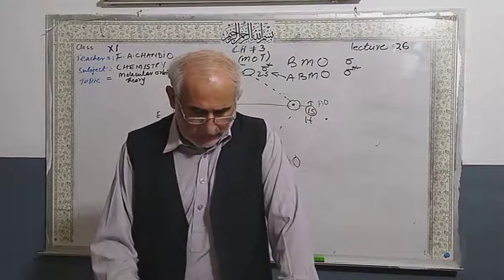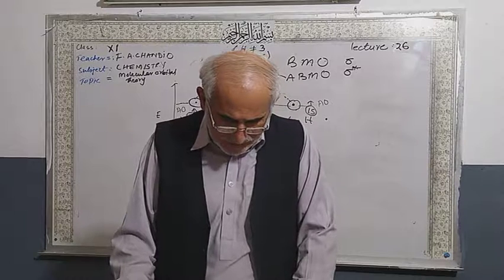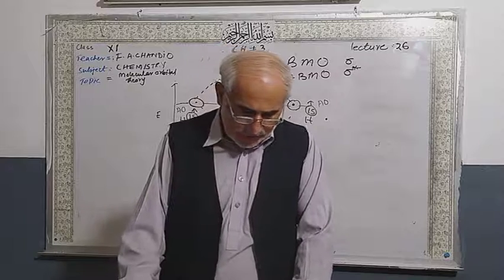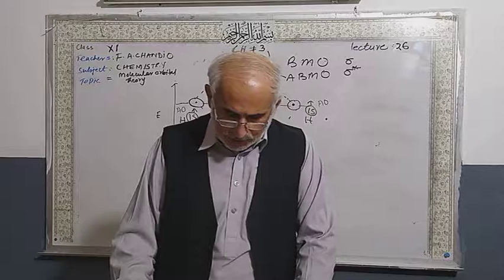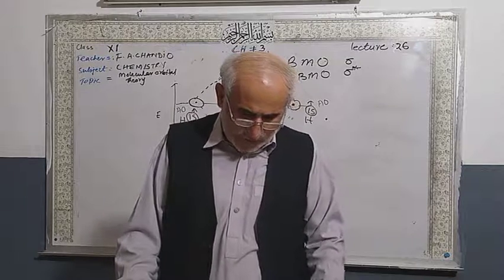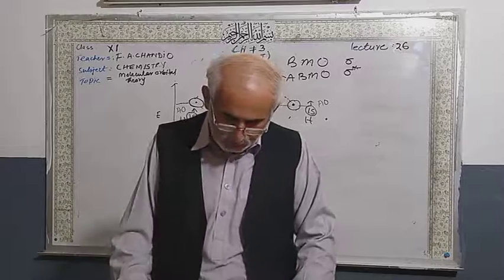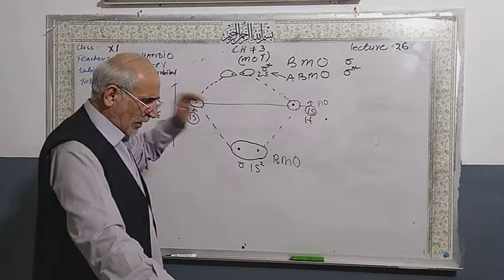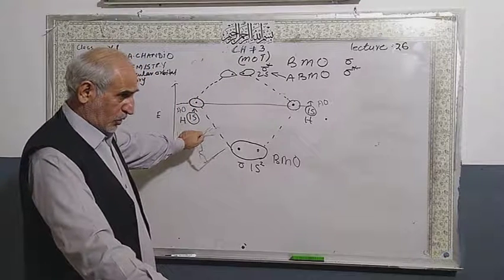Now, the atomic orbitals of the same energy are shown at the same level. The difference between the energies of atomic orbitals and bonding orbitals depends upon the extent of overlapping of atomic orbitals. Large, perfect overlapping means lower energy and a strong bond.